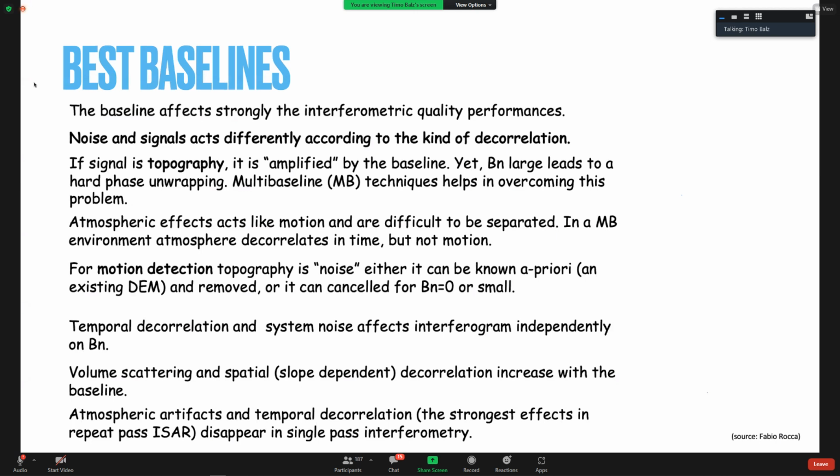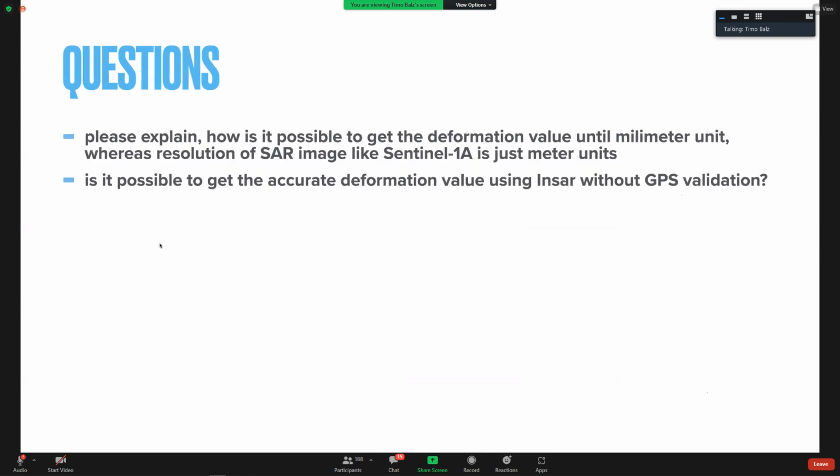If you're interested in DEM generation, typically your perpendicular baselines are even too small for you. All right, so not a perfect answer, but there is no perfect answer on that one.